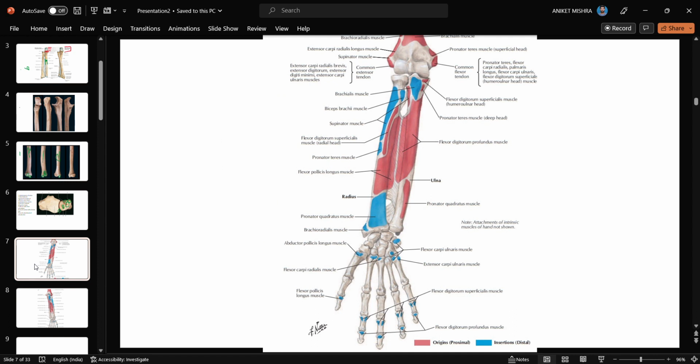Now we are going to talk about the various attachments on the ulna. This one bone is the ulna.